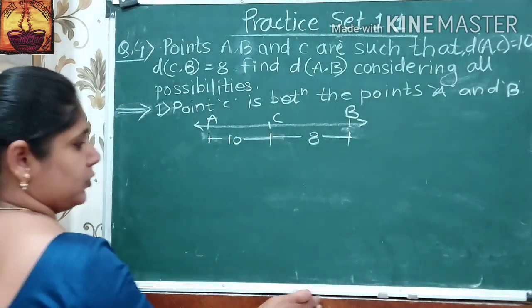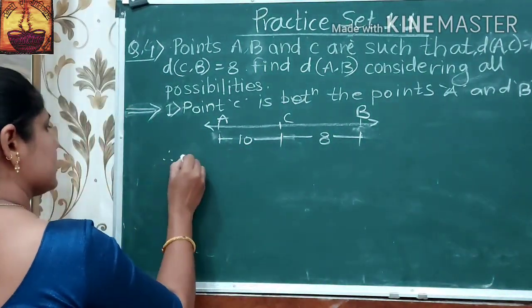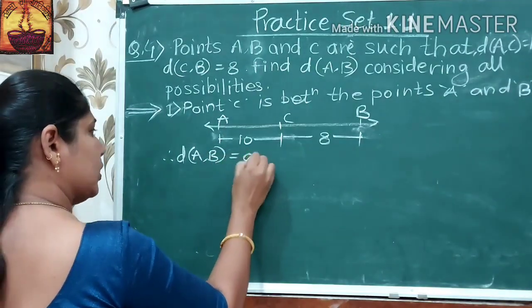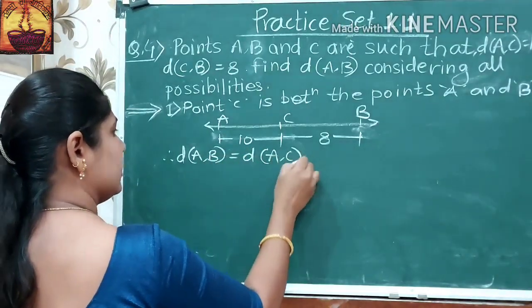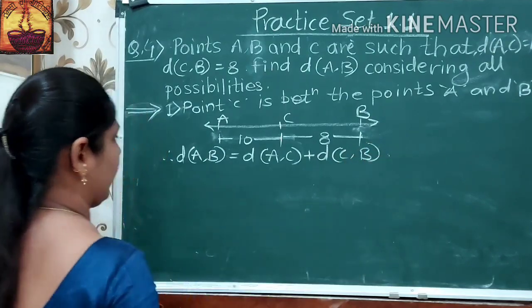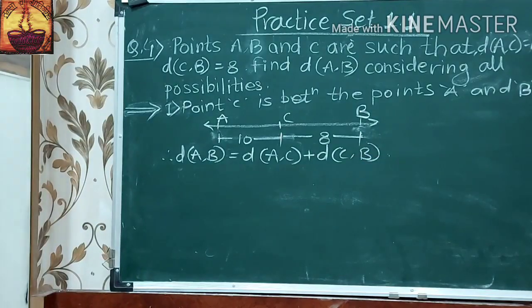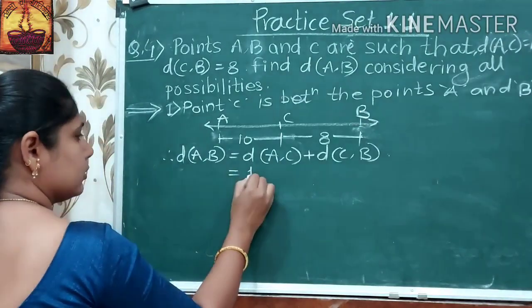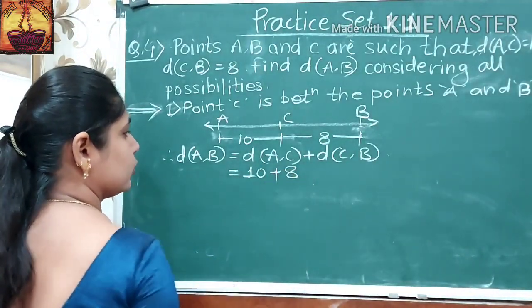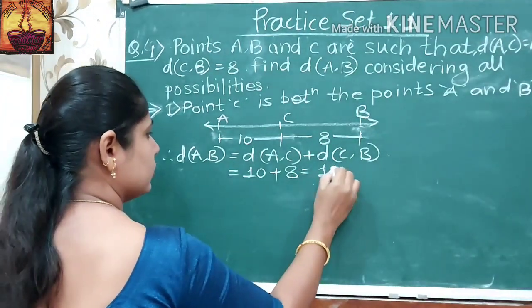By this diagram, we say that distance AB is equal to distance AC plus distance CB. We have distance AC is equal to 10. Therefore, write here 10 plus distance CB is equal to 8, which is equal to 18.